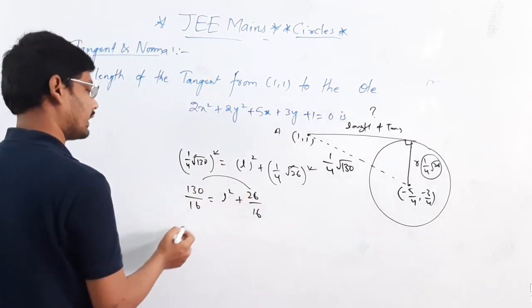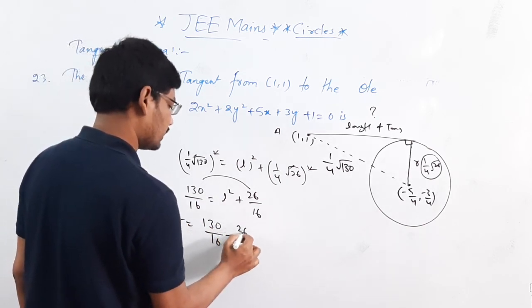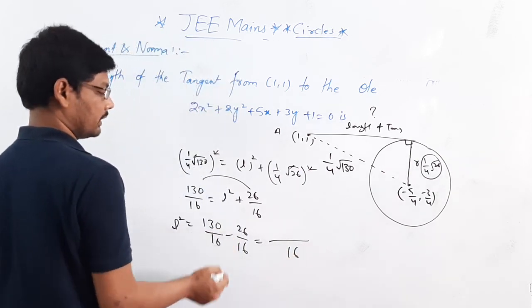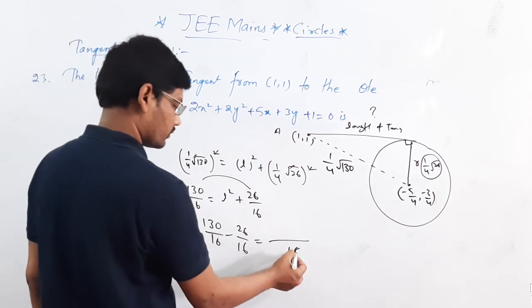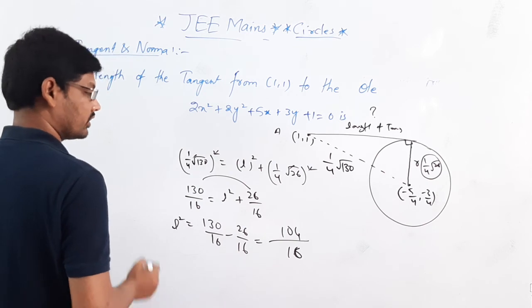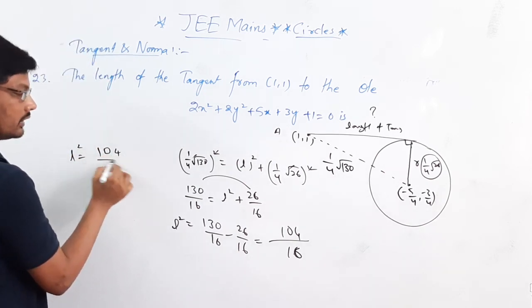Let's change this to the right hand side. L square is equal to 130 minus 26 by 16. So take LCM 16 here. 130 minus 26 is nothing but 104. So L square is equal to 104 by 16.